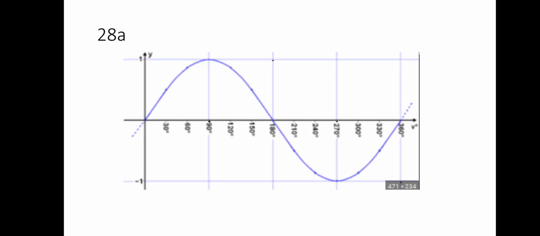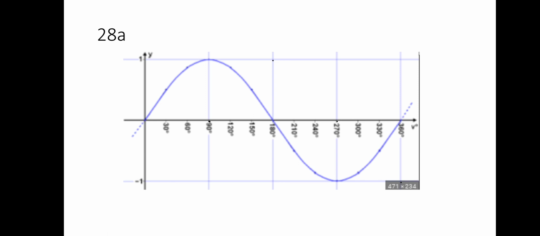Question 28a. Here is a graph of y equals cosine of x for angles between 0 and 360. On the grid below, draw the graph of y equals cosine of (x minus 90) for values between 0 and 360.